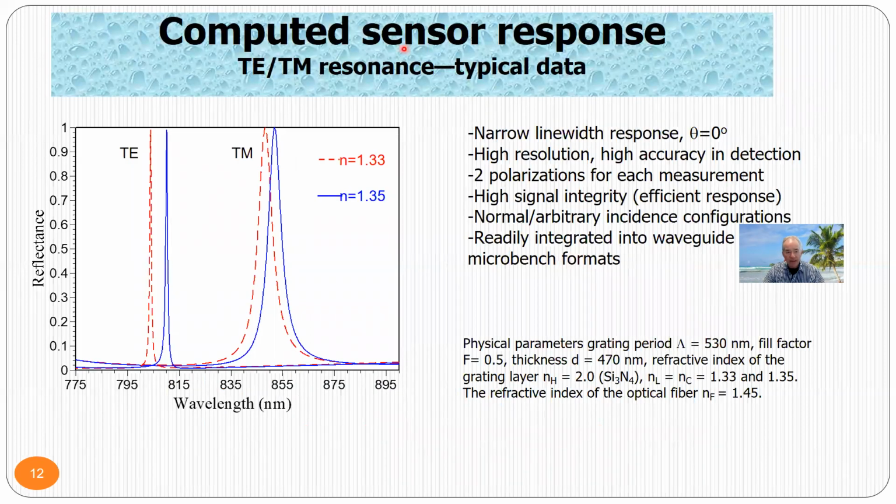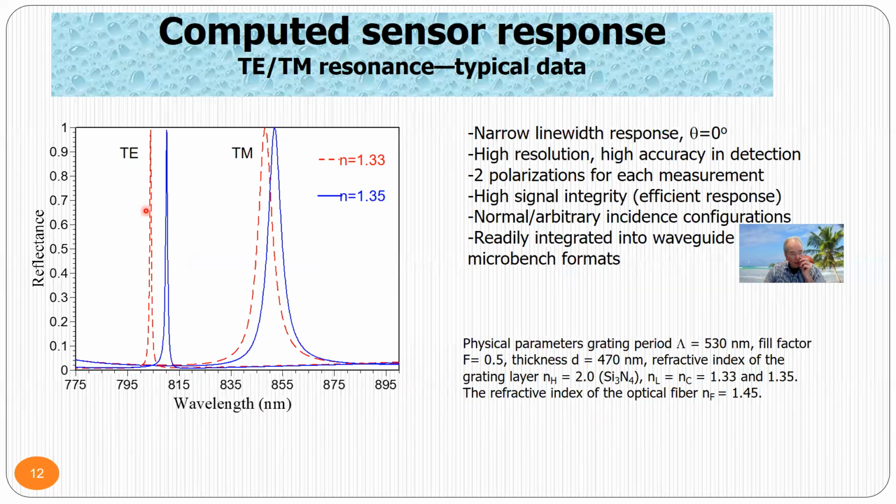So for a typical sensor, the data shown here, period 530, fill factor half, 50-50 duty cycle, few hundred nanometer thickness, and so on. We compute the response when we change the refractive index of the surrounding region of the sensor. So here are the two polarization states, the TE and the TM states.